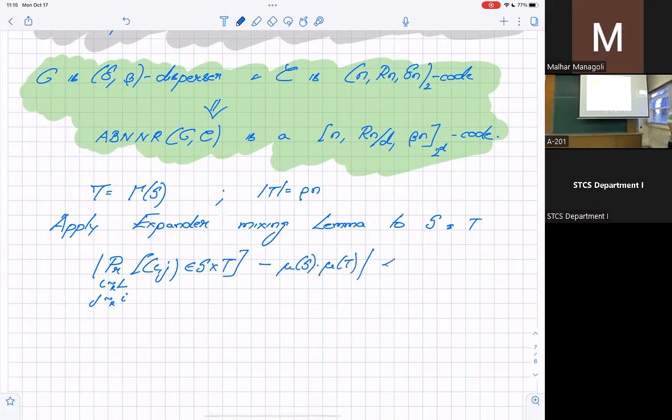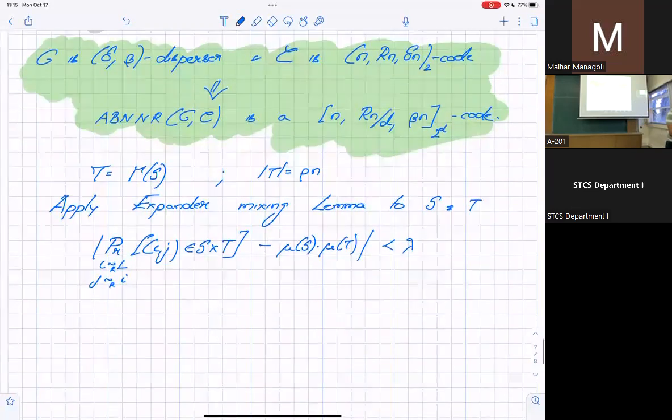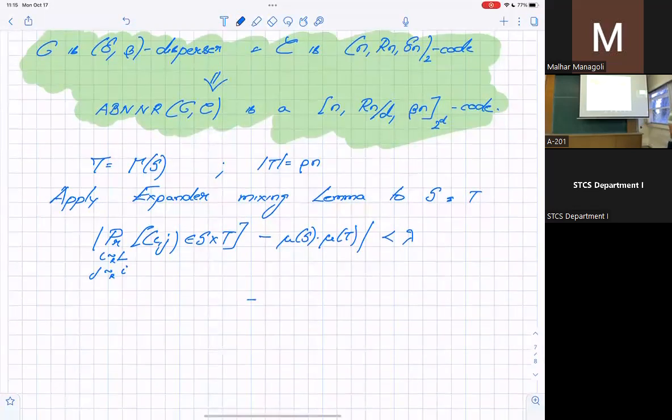is less than lambda times some more quantities. Let's drop all the other terms, they're all numbers less than 1, so this is all I will keep of lambda. Let's expand each of these quantities. Mu of S is delta, mu of T is rho.